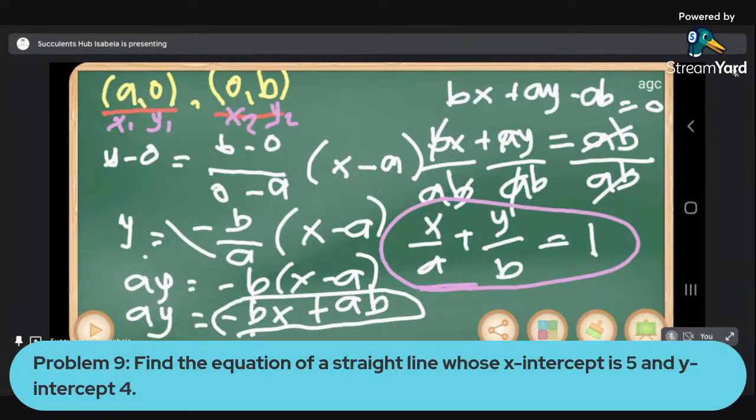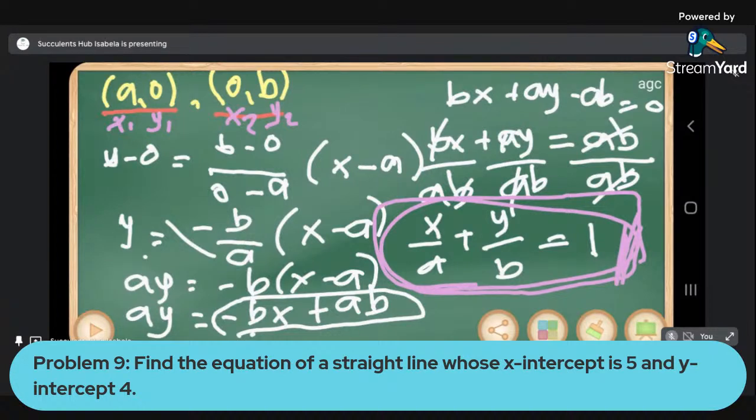So pag meron tayong problem na ganito, problem 9, find the equation of a straight line whose x-intercept is 5 and y-intercept is 4. So here, gagamitin lang natin itong equation na ito, yung kanina. Kapag sinabing x-intercept is 5, ibig sabihin a is equal to 5, y-intercept is 4, so b is equal to 4.